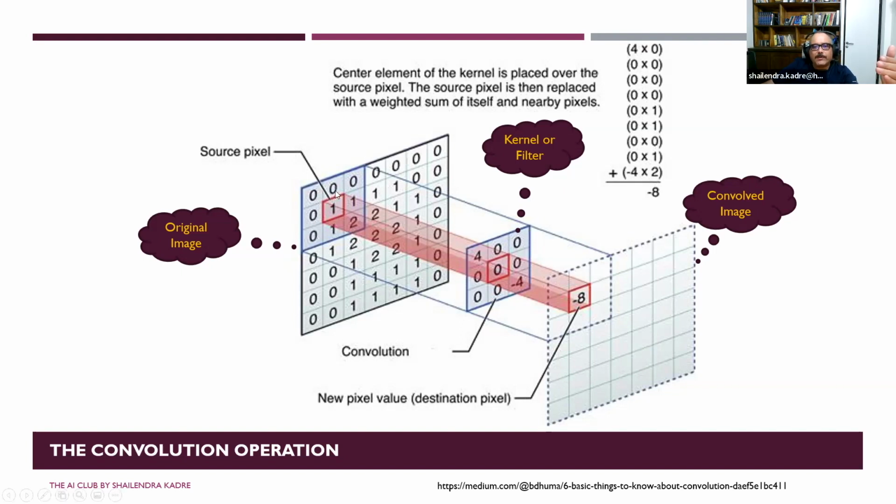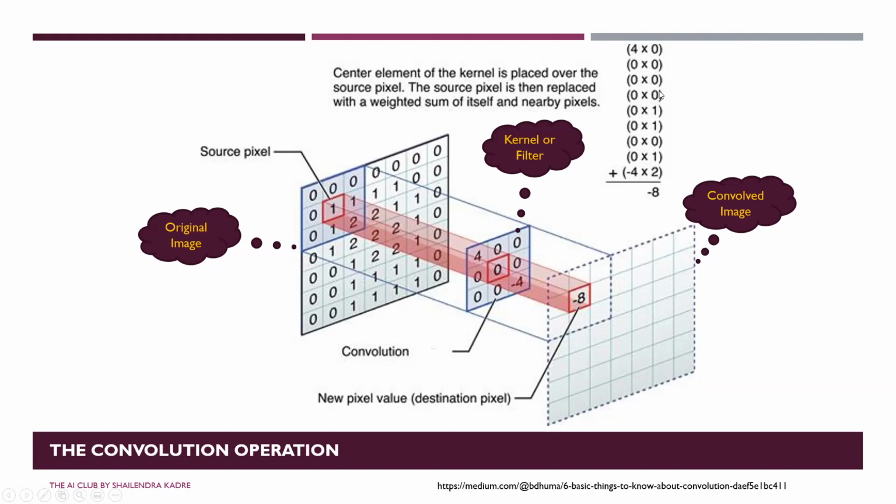So now what operation comes? 4 will get multiplied by 0. Number 4 of the filter falls on 0 of the image, so 4 into 0. Next, you go right hand side, first row: 0 of the filter falls on 0 of the image, so 0 into 0. Third element in the filter, 0 falls on again 0, so 0 into 0. So this is like simple matrix multiplication.